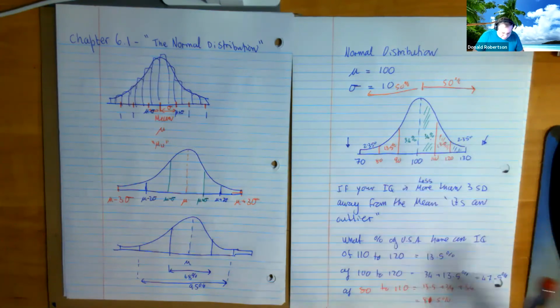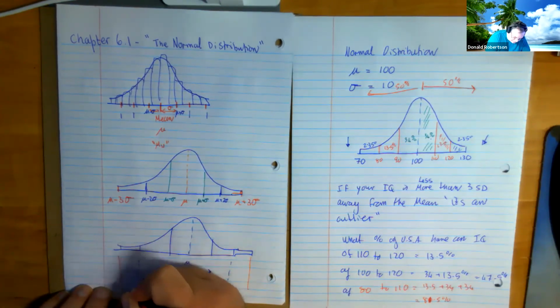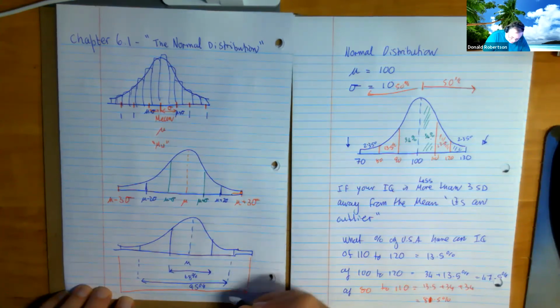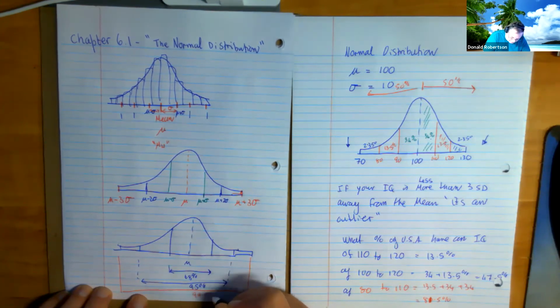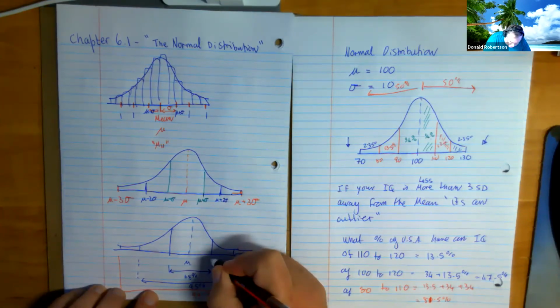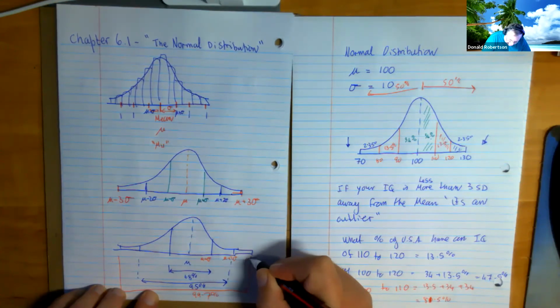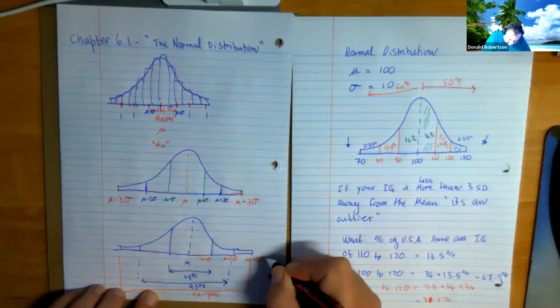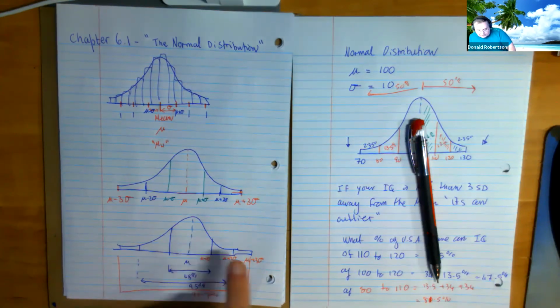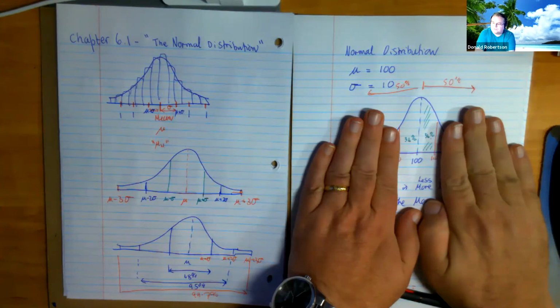Now that same table can be converted into this fella. And what it's saying is if you go 1 standard deviation, then you go 2, and then finally you go 3. So if you are 1 standard deviation either side of the mean, 68% of the people have an IQ in that range, right?